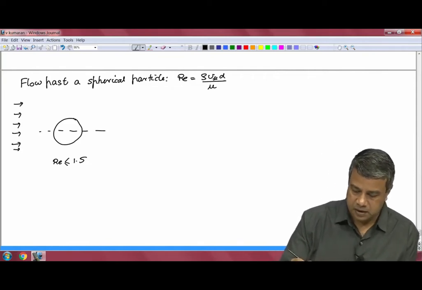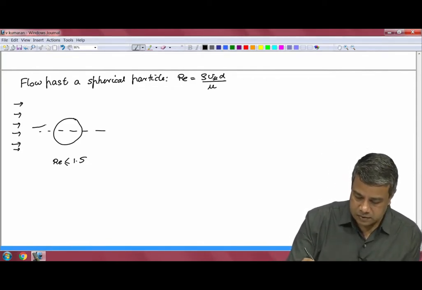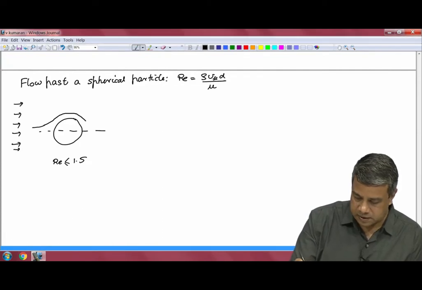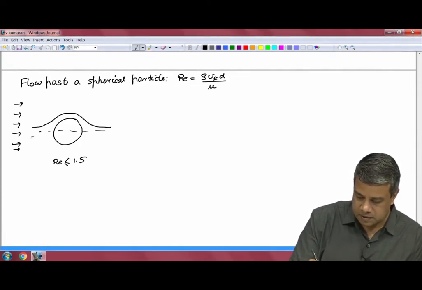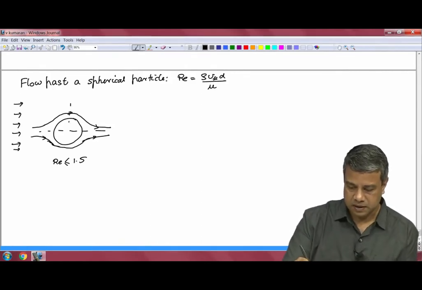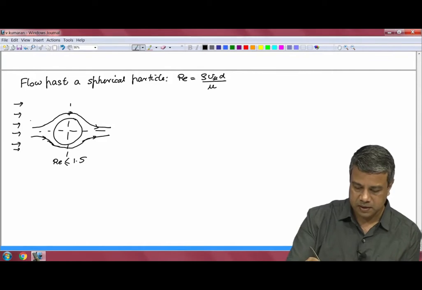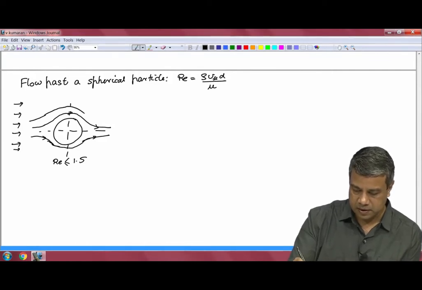When the Reynolds number is low, there is also symmetry between the upstream and the downstream hemispheres. The velocity profiles in the downstream hemisphere and the upstream hemisphere are symmetric about this mid plane, perpendicular to the direction of the flow.